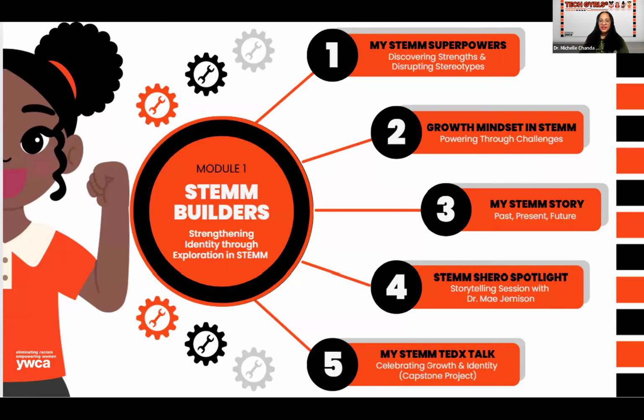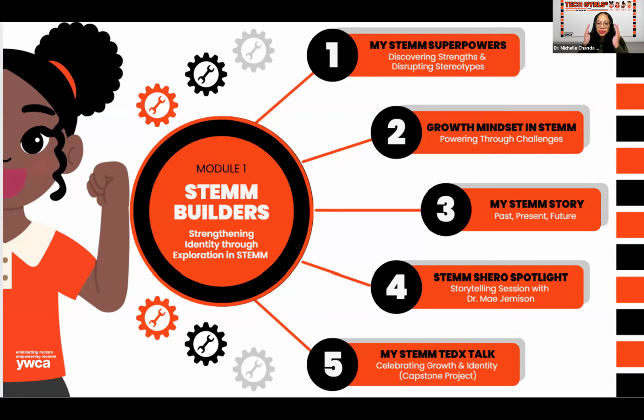All right, so what you're looking at are the 5 lessons that are a part of module 1. So lesson number 1 is called My STEM Superpowers. And that's where girls are identifying their personal strengths, they're remixing stereotypes, and they're beginning to see how who they are connects to the STEM world.